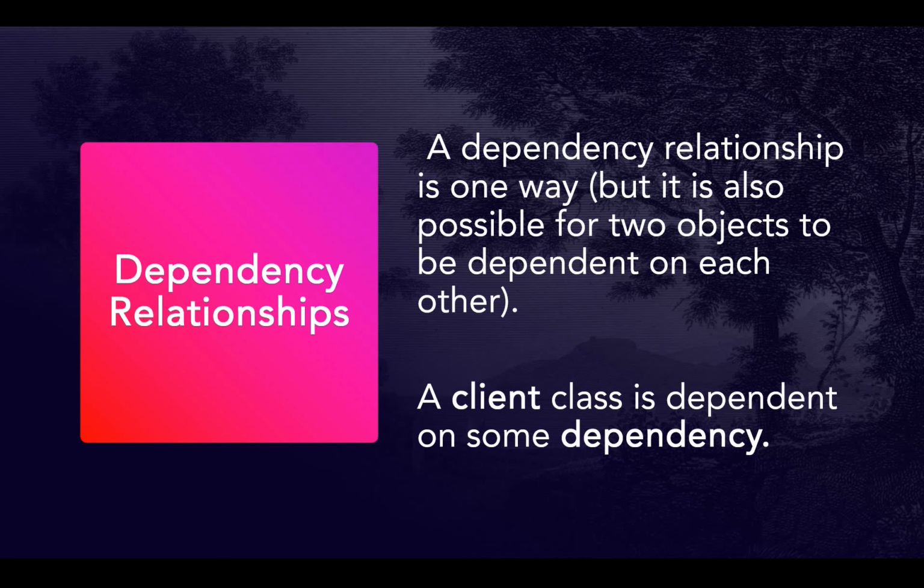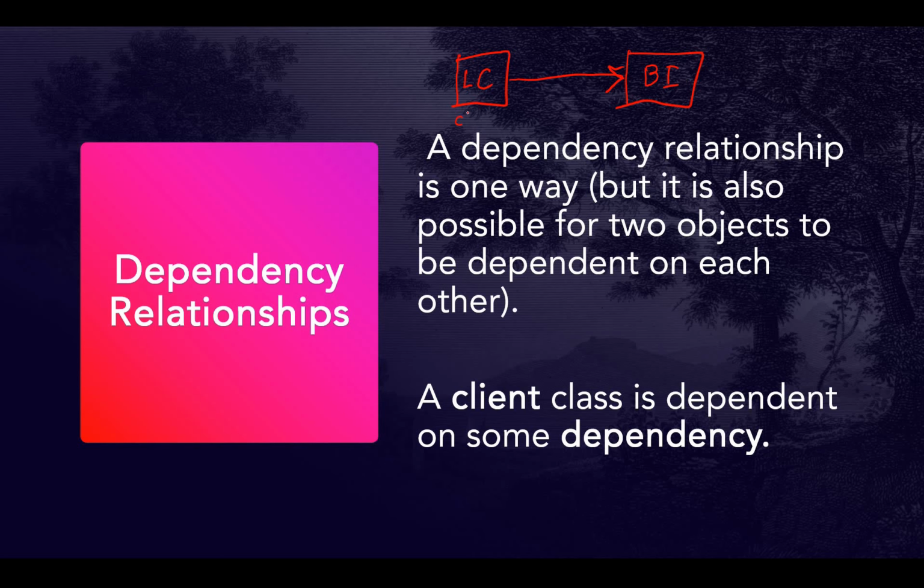So a dependency relationship is one way, but it is also possible for two objects to be dependent on each other. And if you have a class right here, which is dependent on this class, so for example, the library card and a borrowable item, these two classes.